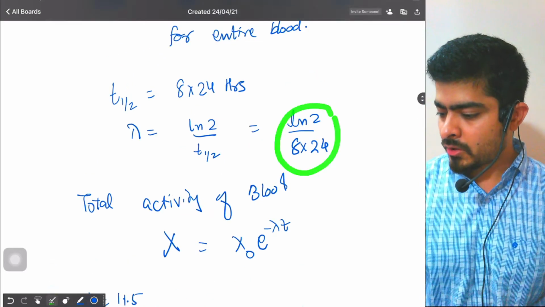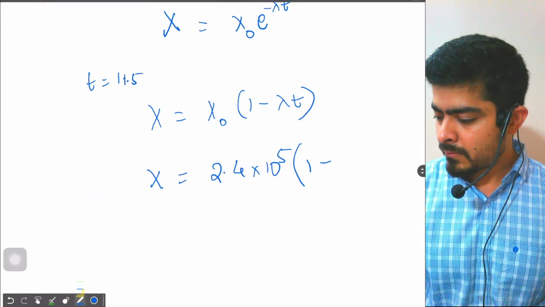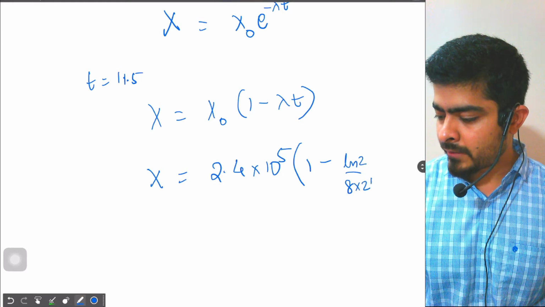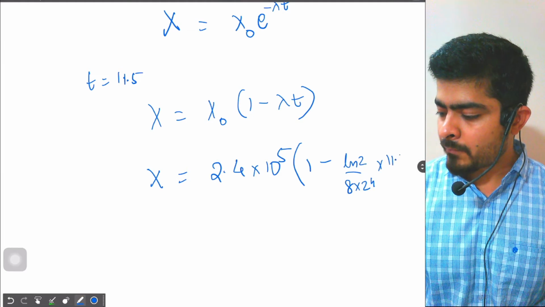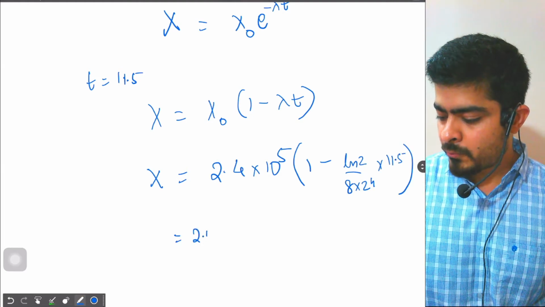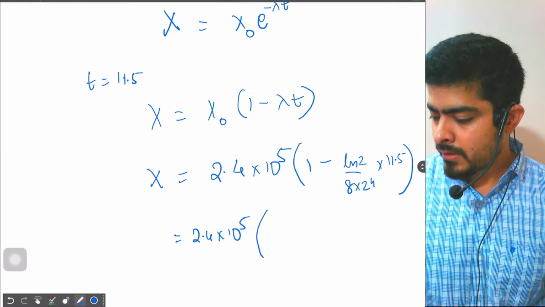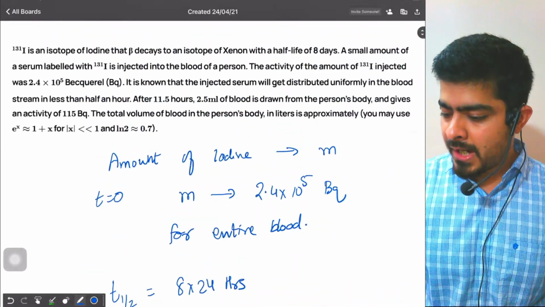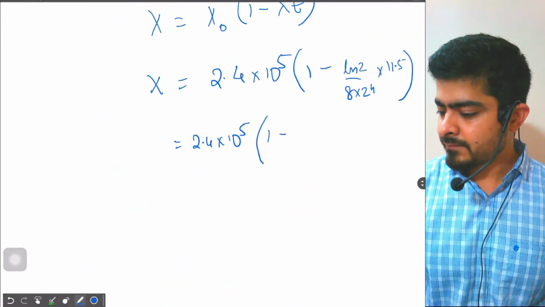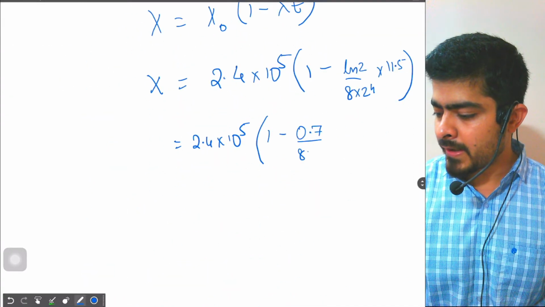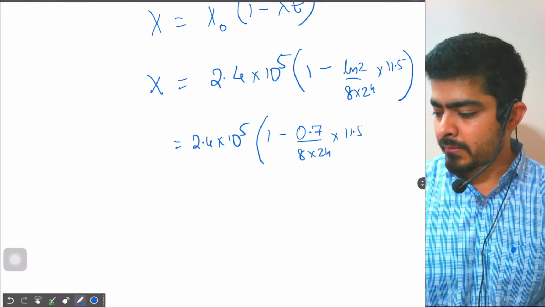Lambda is ln 2 divided by 8 into 24, and t is given to be 11.5 hours. So it will be 2.4 into 10 to the power 5 times 1 minus ln 2, which is given to be 0.7, so 0.7 divided by 8 times 24 times 11.5.